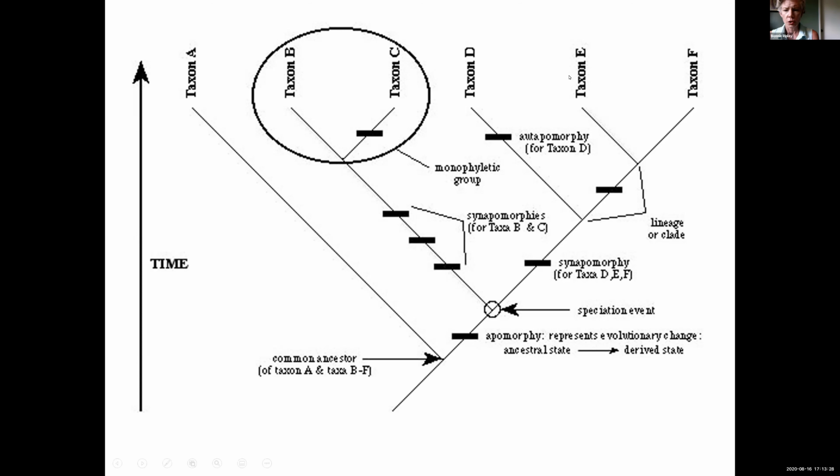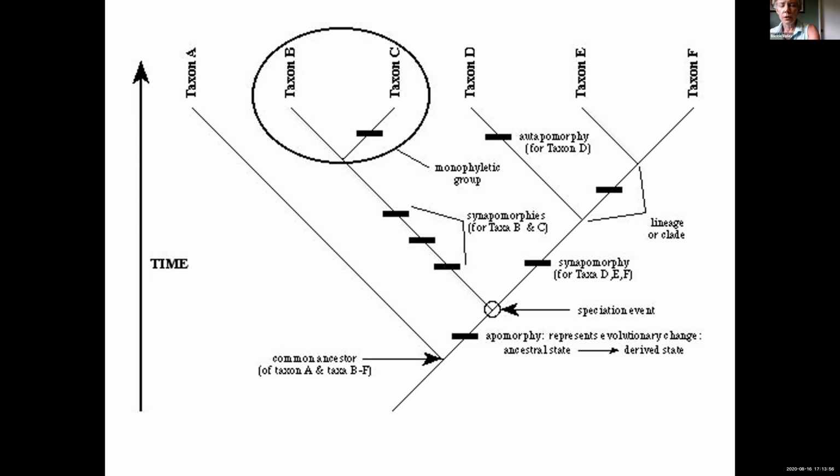Just want to make sure that you think about what are the characteristics that taxon E should have. Well, if we trace its track back here, we know that it has to have this one, and this one as well. And taxon F doesn't have an odd apomorphy, so actually we can't tell the difference between taxon E and F on this diagram.